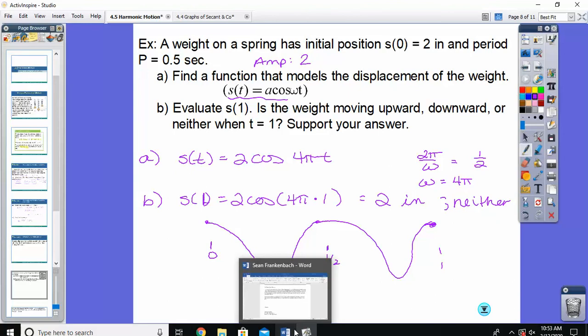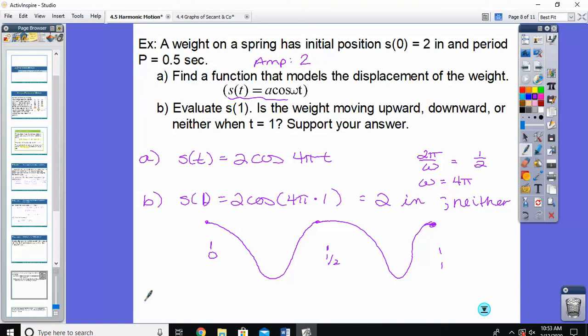What if I asked you, when does this thing hit its lowest point? The first time it hits the lowest point. Well, -2 is the lowest point. When does that happen? After what length of time? We know by the time you get to a half, you've done the whole thing. So you would hit your lowest point halfway in there, so it would be after 1/4 second.